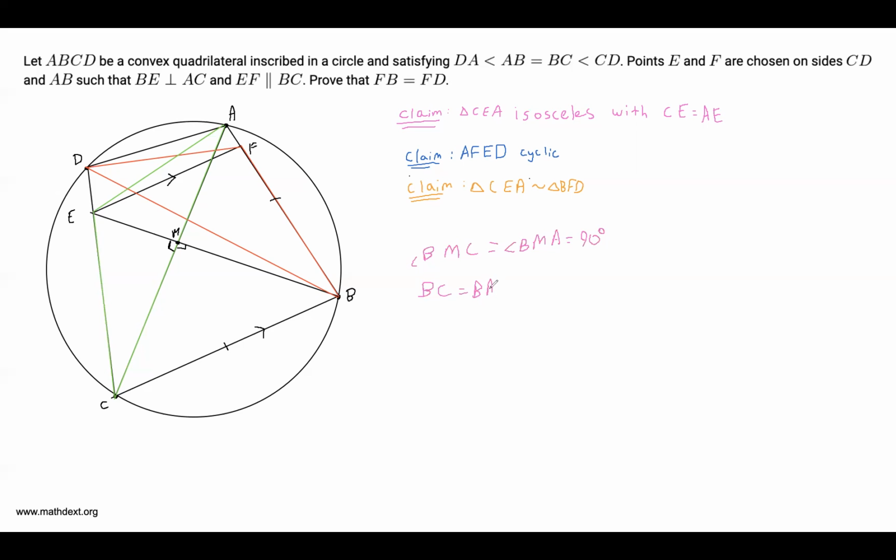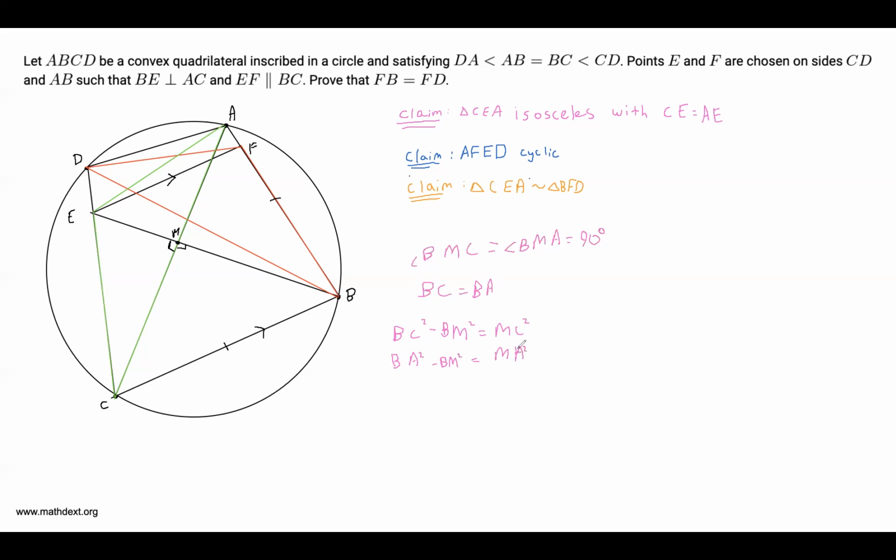We have BC equals BA. So we'd have BC squared minus BM squared equals MC squared, and, let me draw this B out a bit better, BA squared minus BM squared equals MA squared.